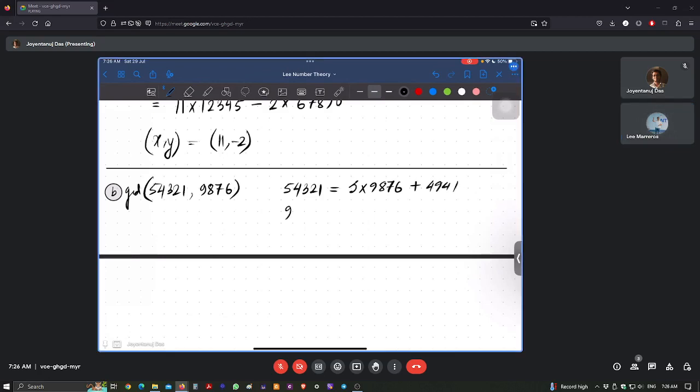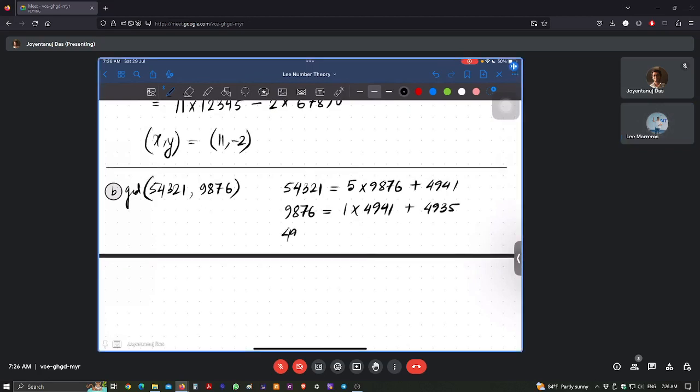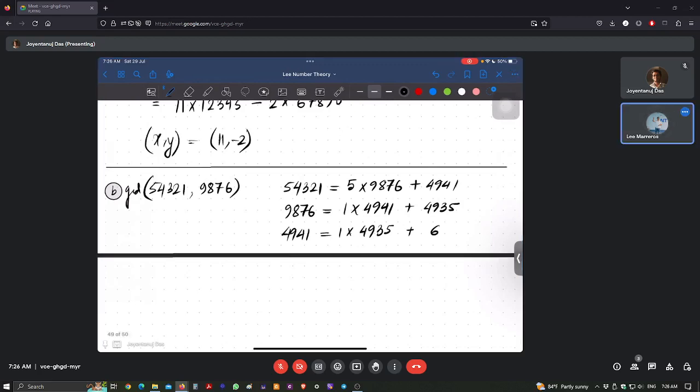Then 9876 equals 1 times 4941, and the remainder will be 4935. Then 4941 will be 1 times 4935 plus 6. So how many times will it go?